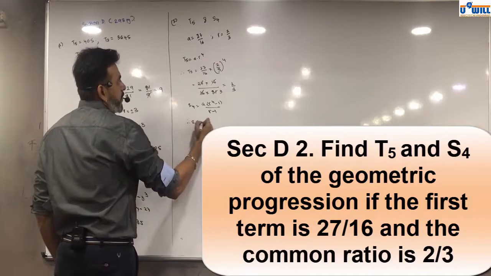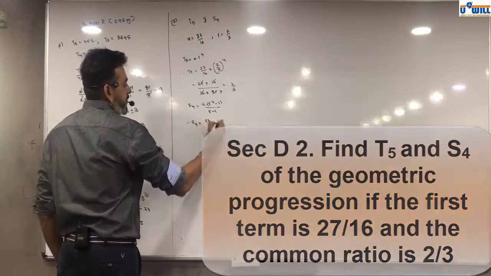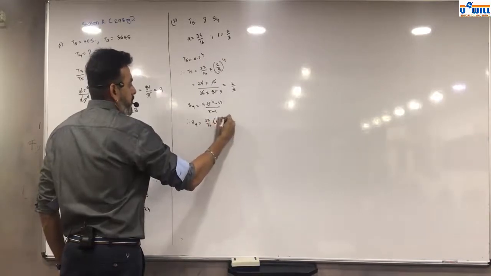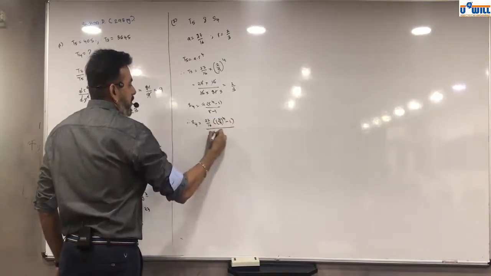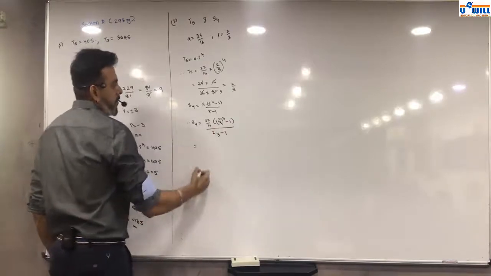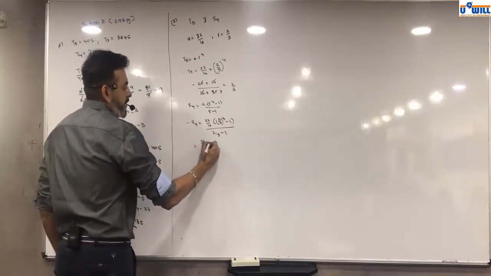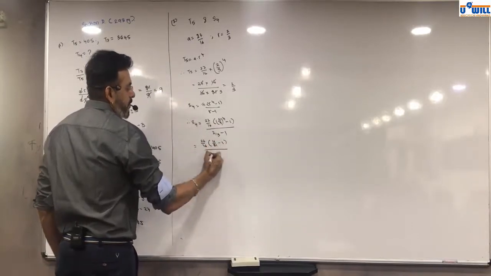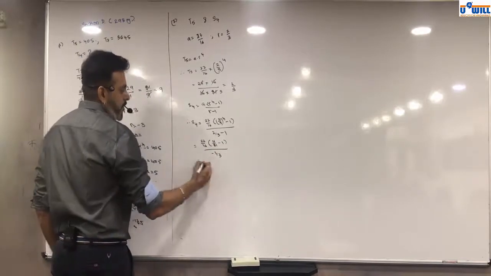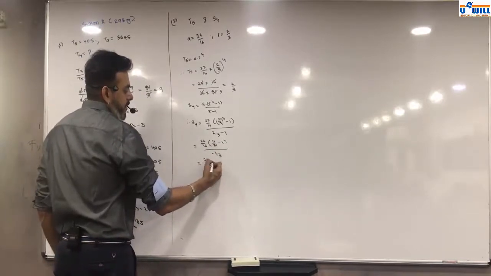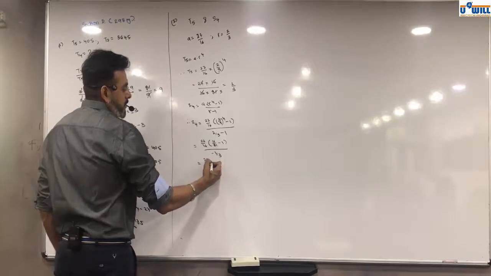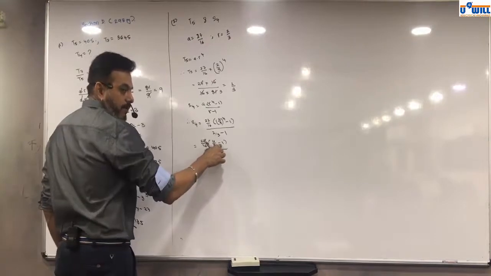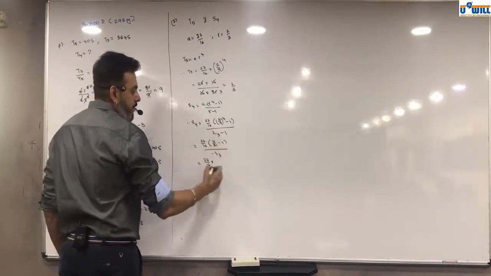Therefore, S4 is equal to A, which is 27 by 16, into R raised to 4, so 2 by 3 whole raised to 4 minus 1, upon 2 by 3 minus 1, is equal to 27 by 16 into 16 by 81 minus 1 upon minus 1 by 3, is equal to 27 by 16 into 16 minus 81 upon 81.